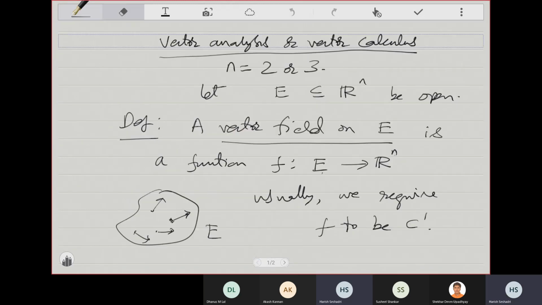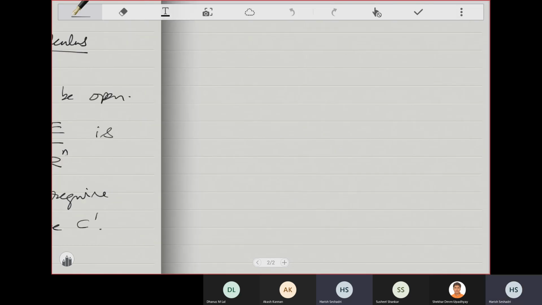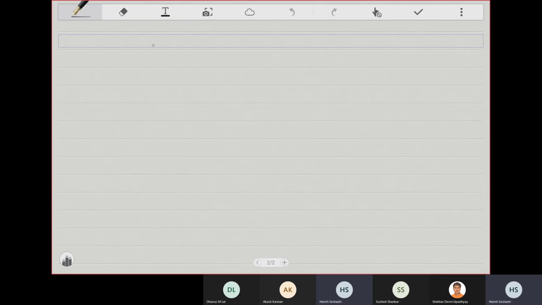Actually, let me use capital F, that's what Rudin does. So F of x equals, in terms of components, f1 through fn, as usual, which I can also write as f1(x) e1 plus ... plus fn(x) en.